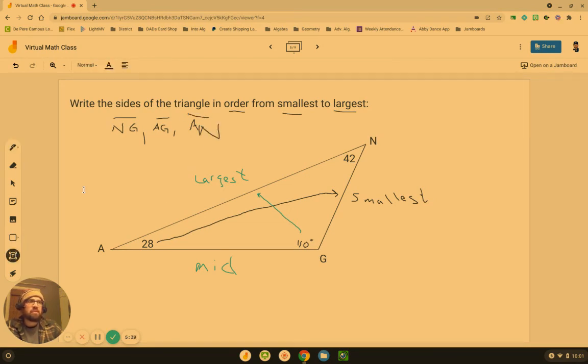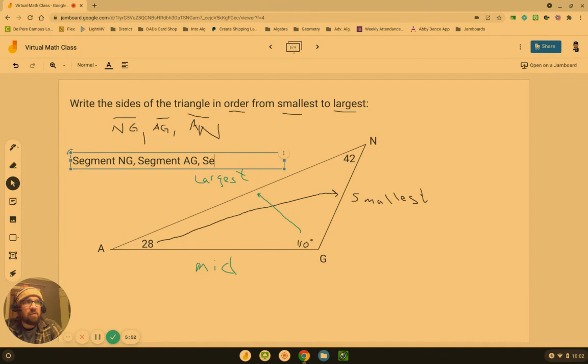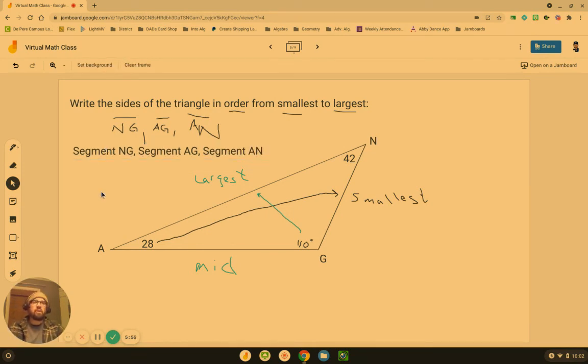If you're typing these, some of these might have to go into a Google form. You're going to want to use the word segment NG, comma, segment AG, comma, segment AN. That's the proper notation when we go to a Google form or we're typing them out.